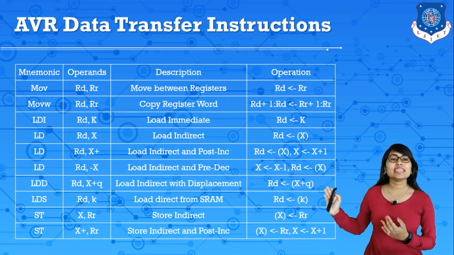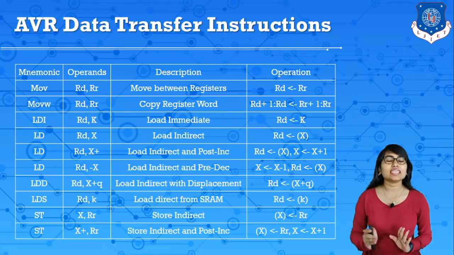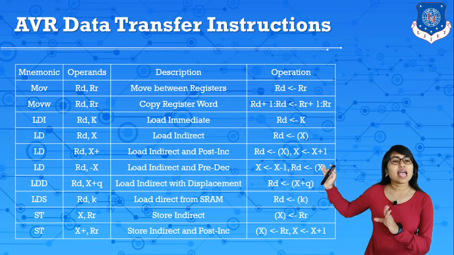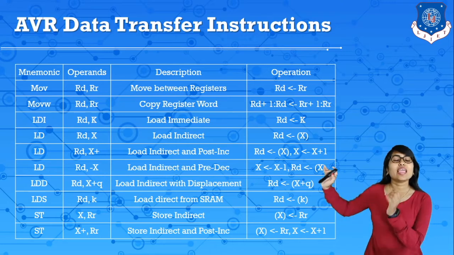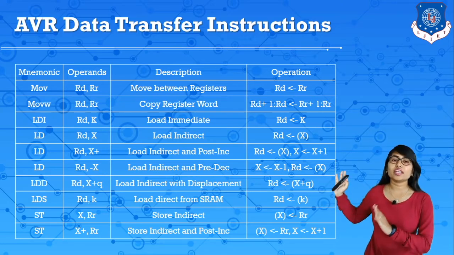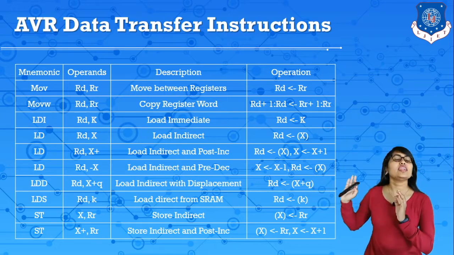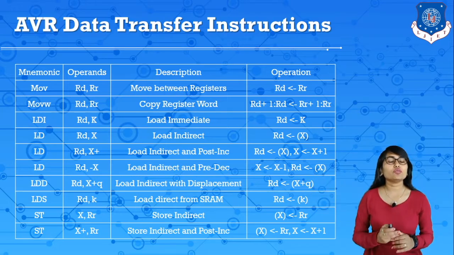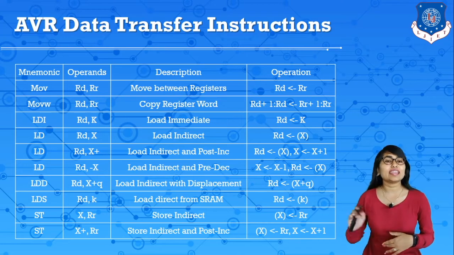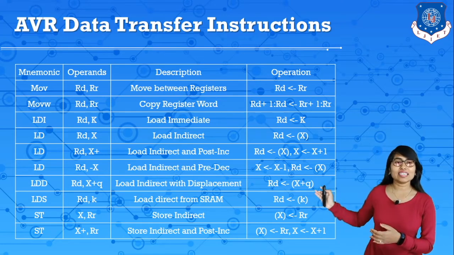Then the LDI instruction. Whenever we want to store data in a register, the LDI instruction is used. LDI RD, K: load immediate data. Whatever the content of K is, it is loaded into the RD register. Then load indirect. Whenever we want to load data indirectly, not from a given location, the LD instruction is used.